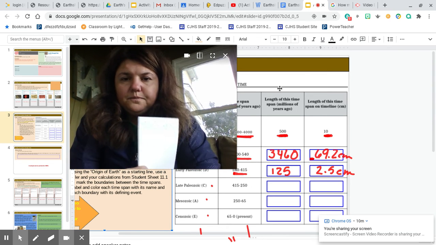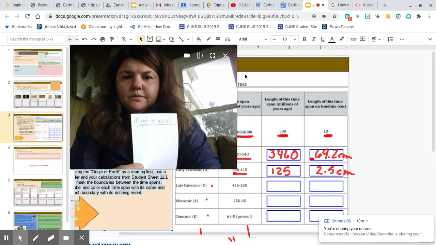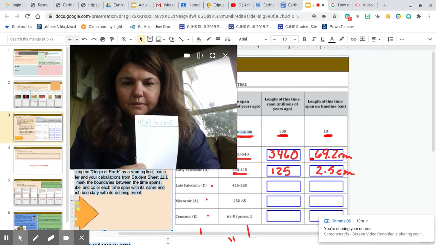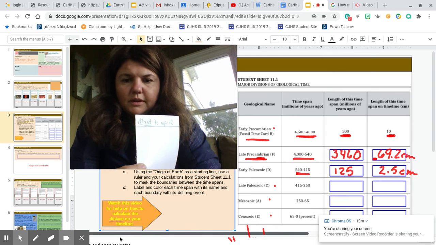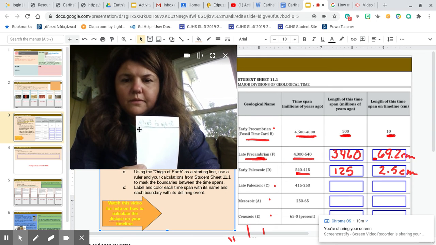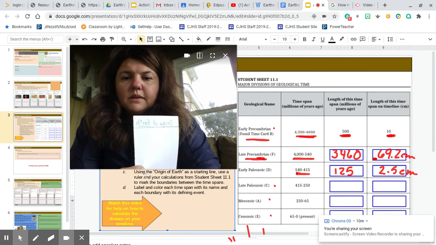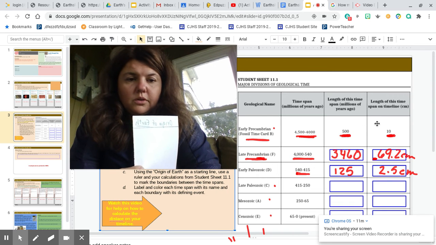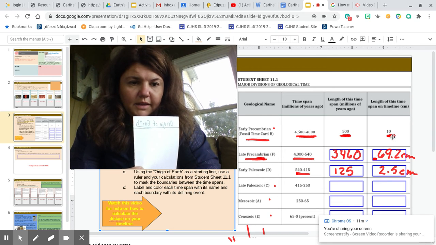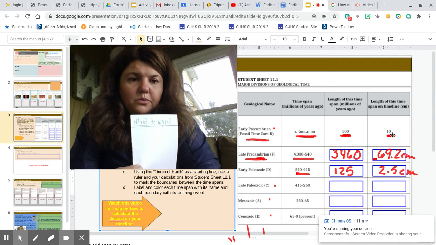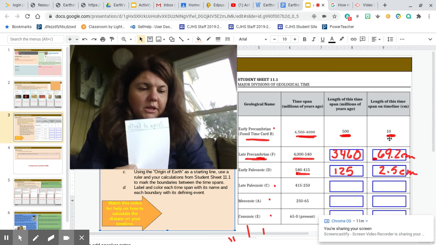And then the next part, I am struggling here with my computer. For part C, it says using the origin of Earth as a starting line, you're going to draw on these different lengths. So we're going to start with the early Precambrian, and we're going to measure 10 centimeters.